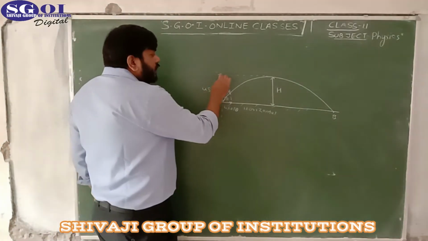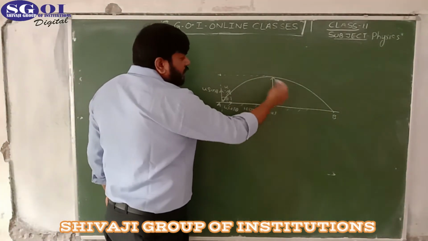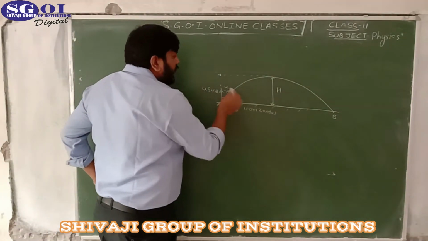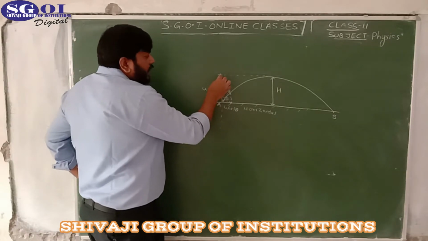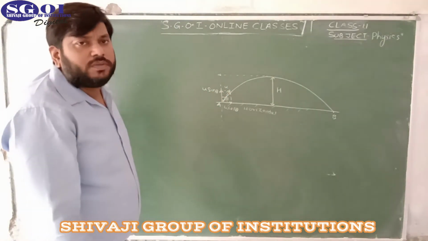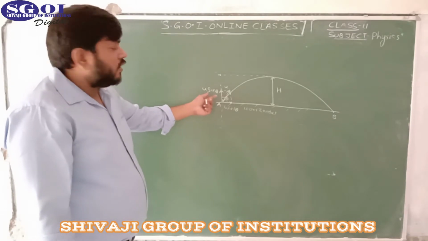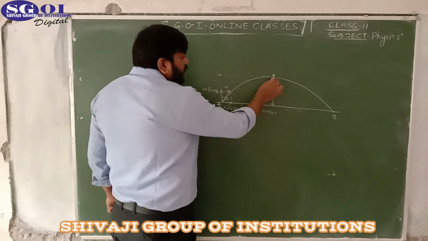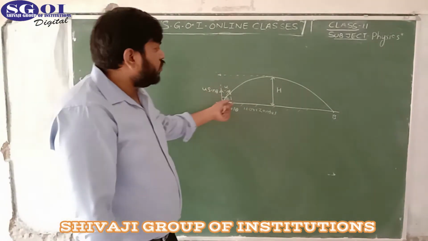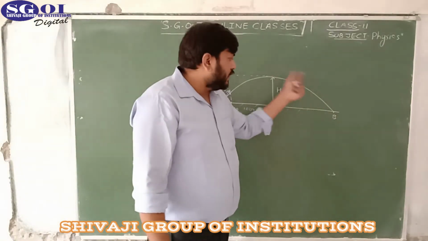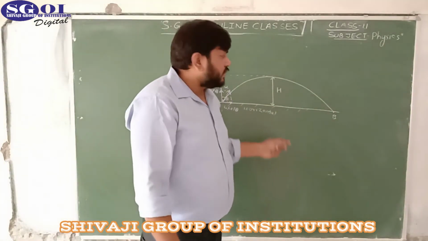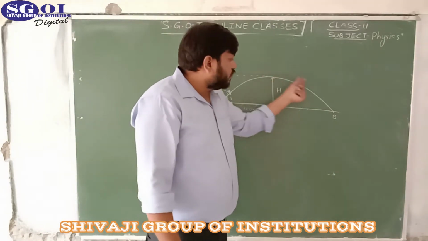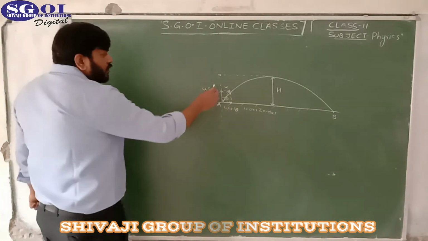So the object, in the figure you are seeing here, attained the maximum height, which is h, and at this point the vertical component of the velocity will become 0. After attaining the height h, it starts coming down. That's why you are seeing the projectile is like this. It is also moving along the x-axis, so it is not directly coming down in the vertical direction. It is going this way. So we would solve this one.